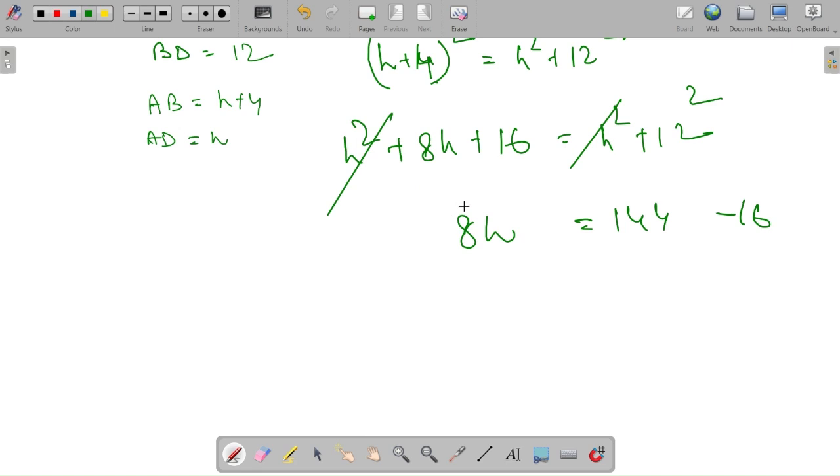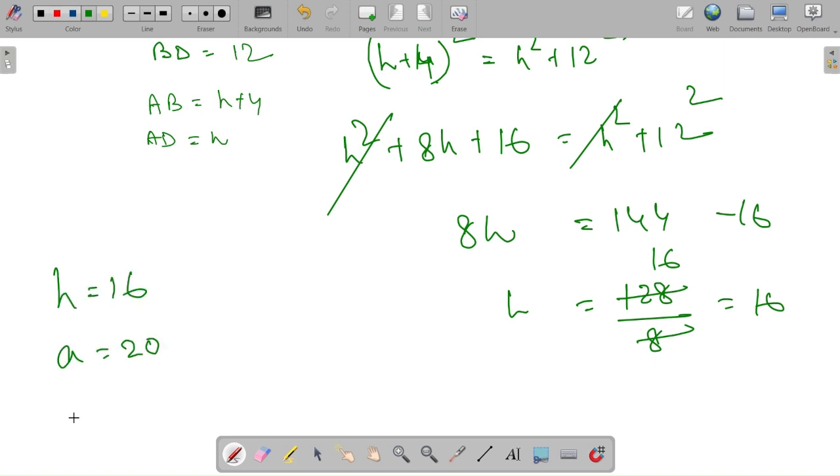So this should be 128. 8 ones are 8, 8 twos are 16, 8 sixes are 48. So your h is equals to 16, your a equals to 20.